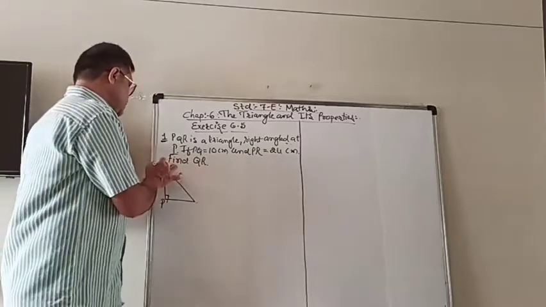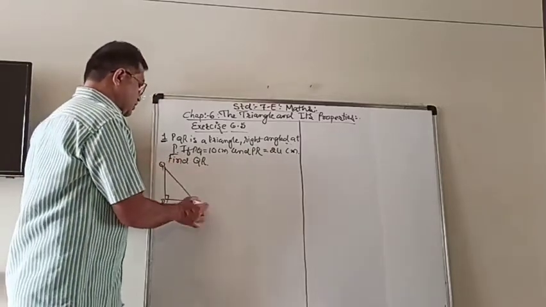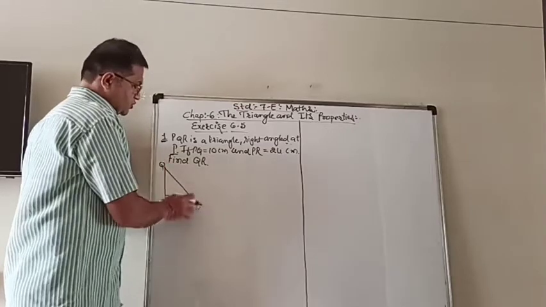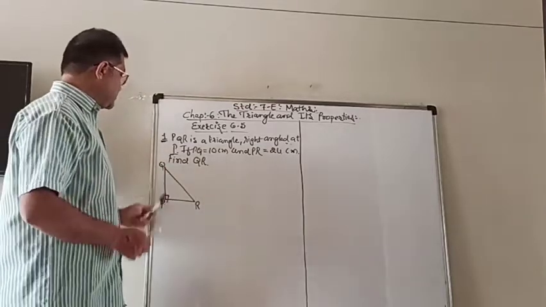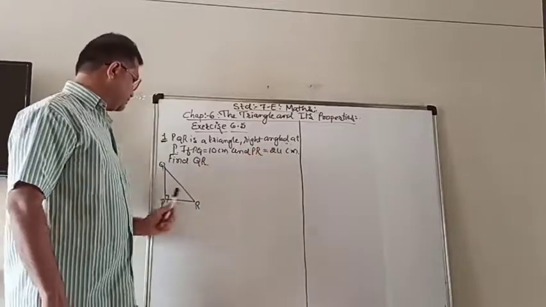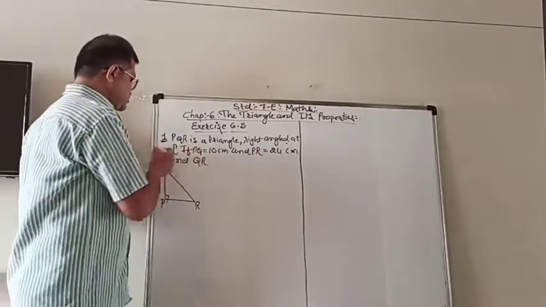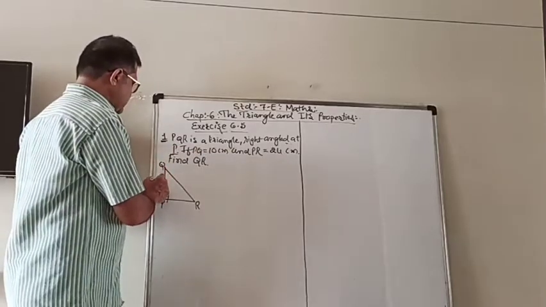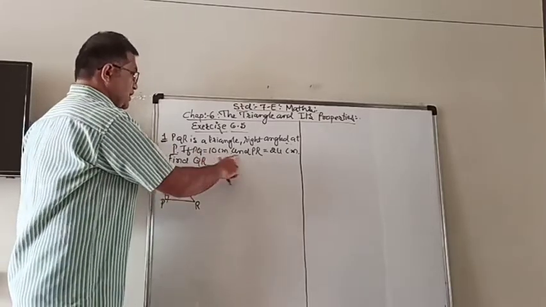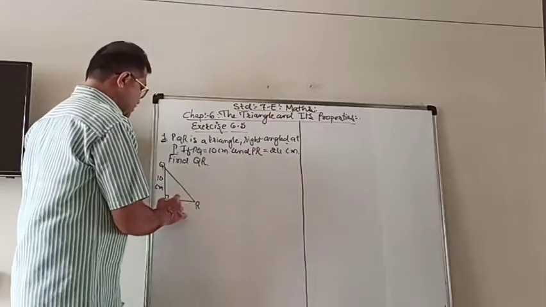You can write Q and R as you want, but P must be the right angle. Now PQ is equal to 10 centimeter and PR is equal to 24 centimeter.